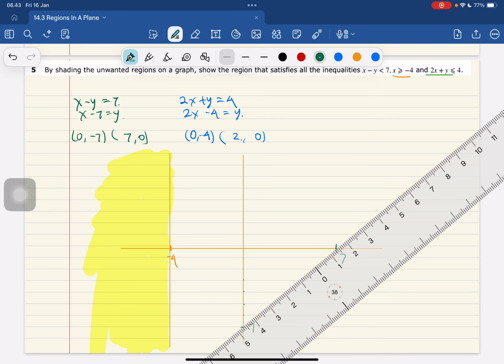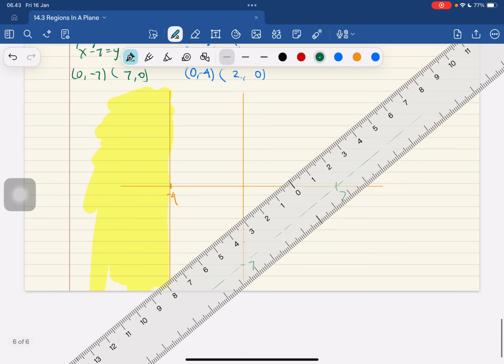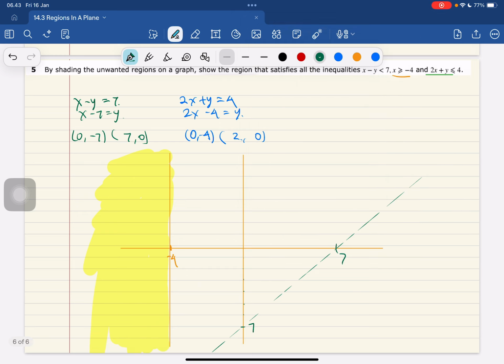So this is not a full line. Let us check the origin point. When x minus y is going to be less than 7. So 0 minus 0 is less than 7. 0 less than 7. Yes, this is correct. So the origin point is not the unwanted area. So the unwanted area is the opposite of it. It is from here, the right side.